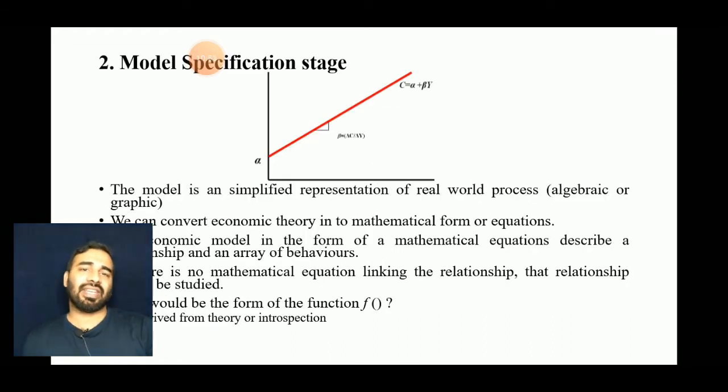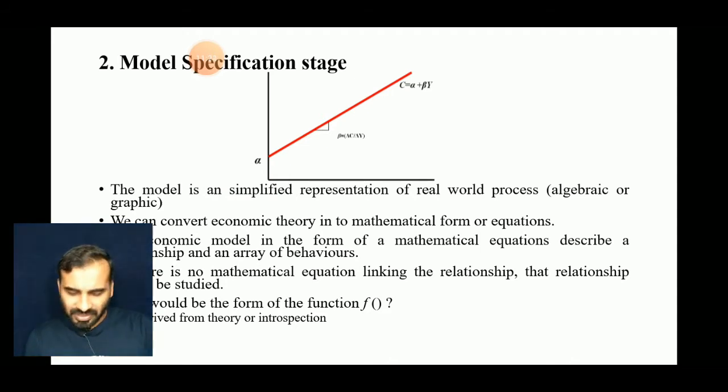And then the second stage, coming to the model specification. All these three conjectures which I have given can be explained either through a graph or through an algebraic model. So what is an economic model? An economic model is nothing but a simplified representation of a real world economic phenomenon.